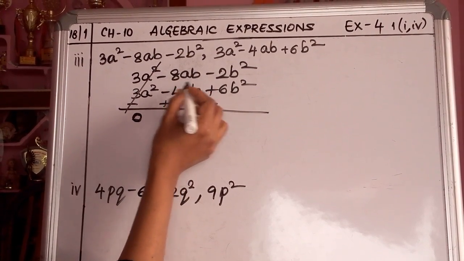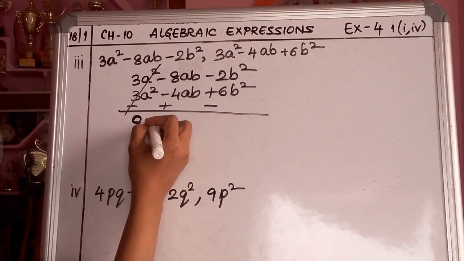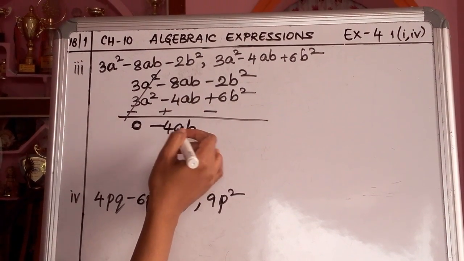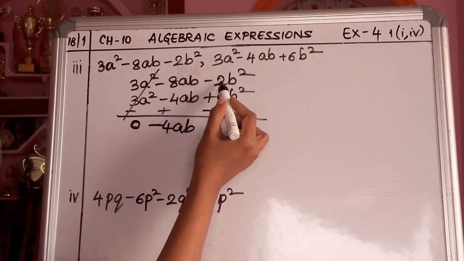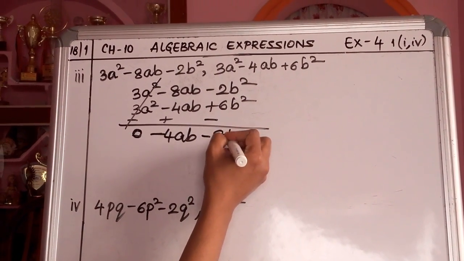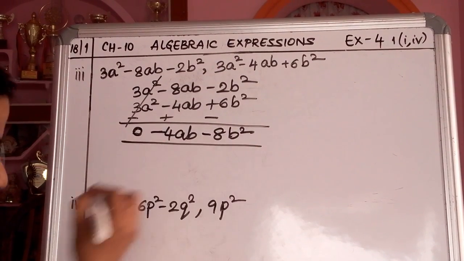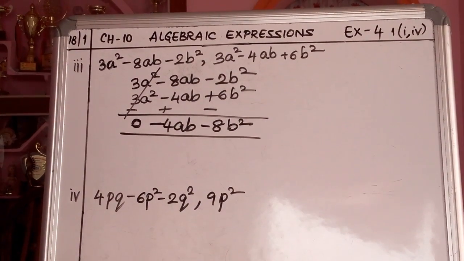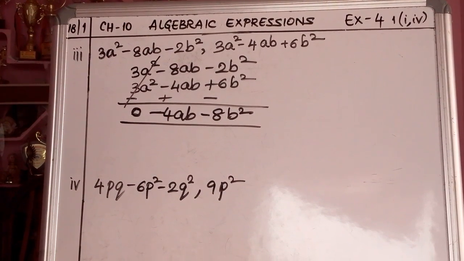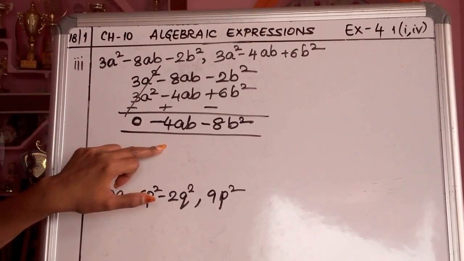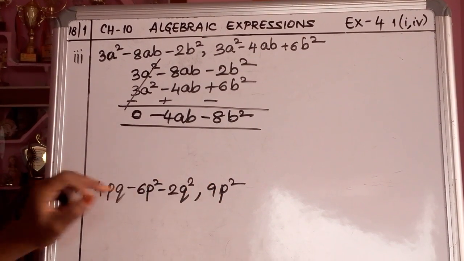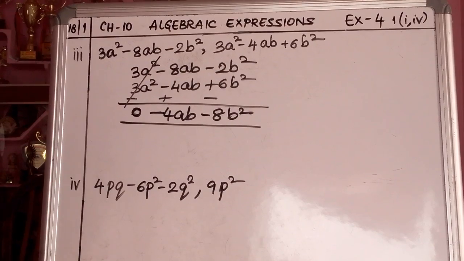Now minus 8ab plus 4ab is minus 4ab, because the greater number is having minus sign, we will write minus. Minus 2b square minus 6b square is minus 8b square. So you got the answer as minus 4ab minus 8b square.